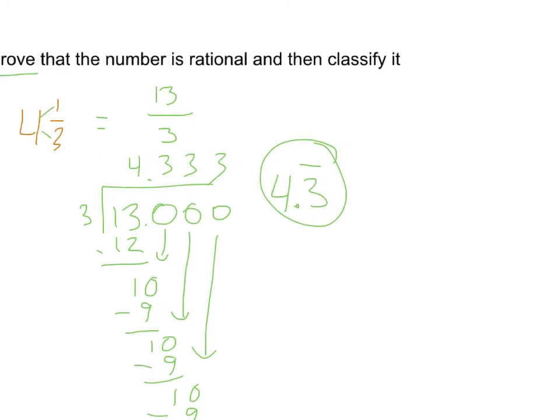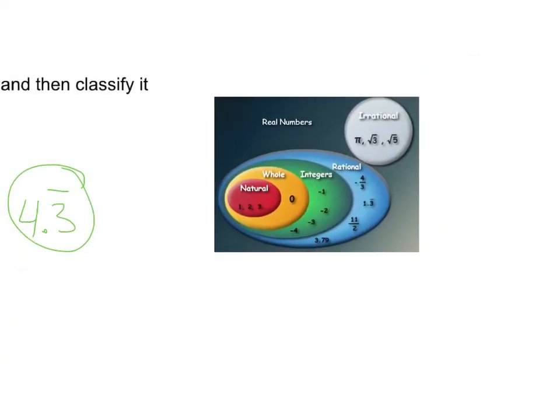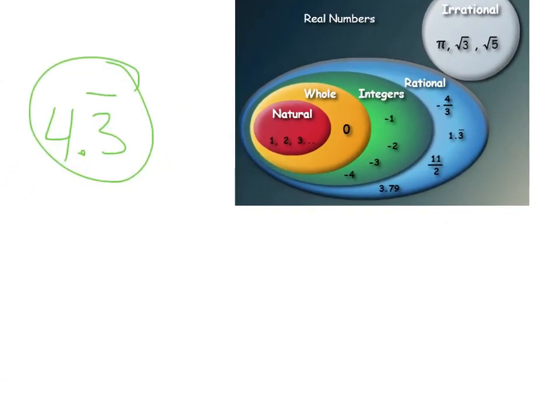So the question is, what type of rational number is it? Or is it just a rational number, but it's not an integer or a natural number or a whole number? Well, let's go back and look. Inside the rational number oval, we have natural numbers. Well, it's not a natural number because it has a decimal.